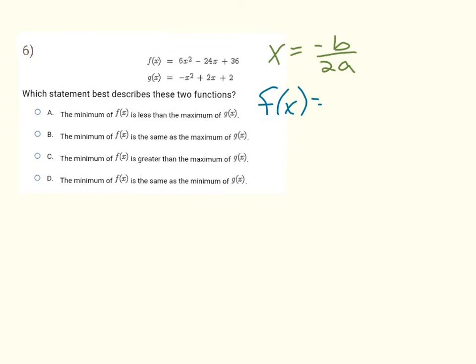My coefficient in front of the x term in f of x is negative 24, so the opposite of that is positive 24, all over 2 times the a number, which is the coefficient in front of x squared, which is 6 here. So that means I have 24 over 12, which reduces to 2, and that's my x coordinate there.